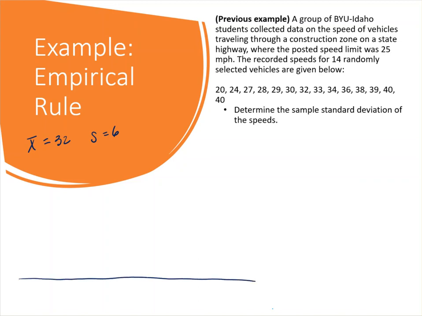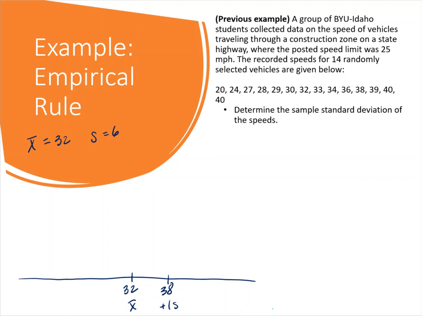And in the middle of that number line, I'm going to write 32 because that's the mean of this data set. Let's go above the mean. I'm going to add one standard deviation, which is 6, to 32. So 32 plus 6 is 38, so plus 1 standard deviation.